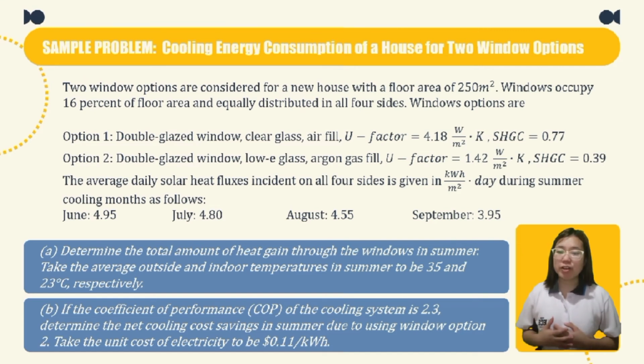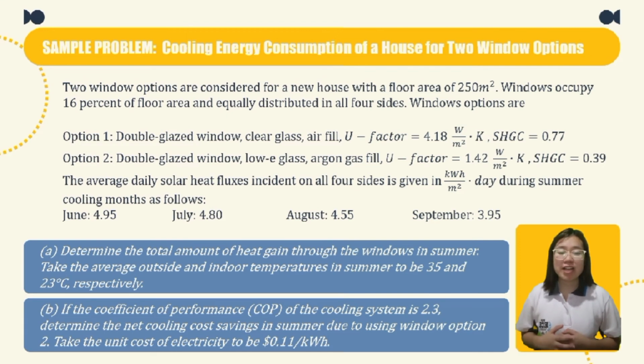The average daily solar heat fluxes incident on all four sides is given in kilowatt-hour per square meter-day during summer cooling months as follows. For June, we have 4.95, for July, we have 4.80, for August, we have 4.55, and for September, we have 3.95. Now, we need to first determine the total amount of heat gain through the windows in summer.